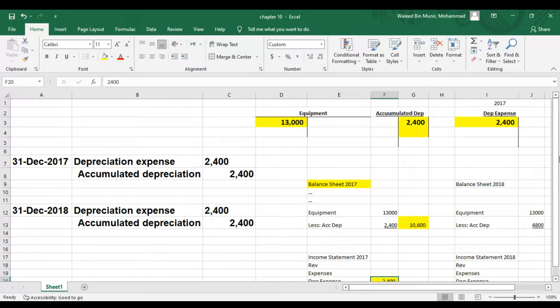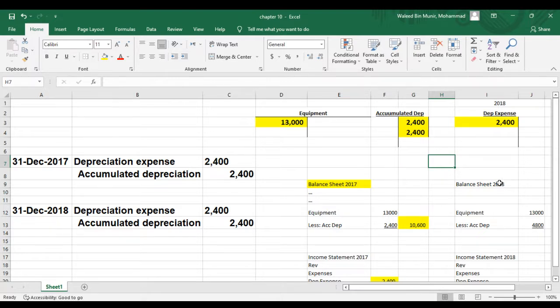Remember, in 2017 you close depreciation expense and you prepare the same thing for 2018. Let's say for 2018 my depreciation expense is 2,400 again from here. Accumulated depreciation, you have another entry, you put it here, 2,400. So my total accumulated depreciation will become 4,800.